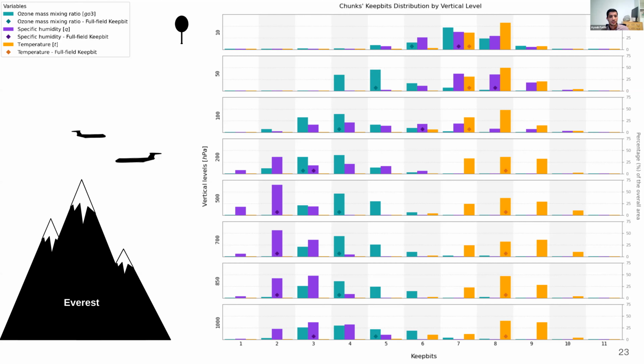As we can see, the distribution of key bits varies depending on the level, with the prime illustration being the specific humidity variable in purple. However, it is important to note that this phenomenon doesn't hold true for all variables. For instance, the temperature variable in orange has a consistent distribution across various levels.